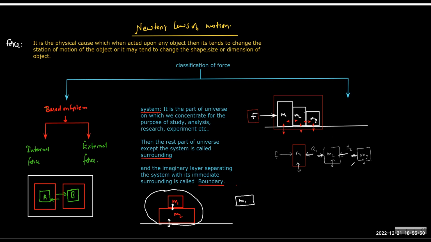So it's very simple. Now, if I change the assumption, if I say M1, M2 is my system, what is the external force on M1, M2 taken together? F and R2. Very good. What is the external force acting on M2, M3 taken together?